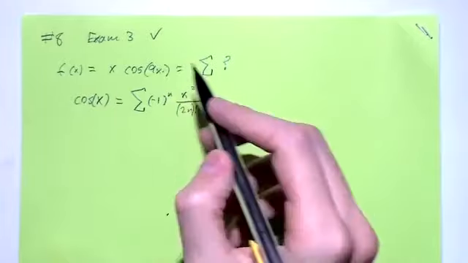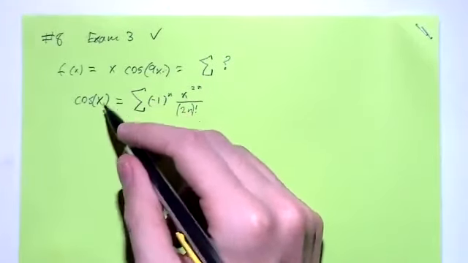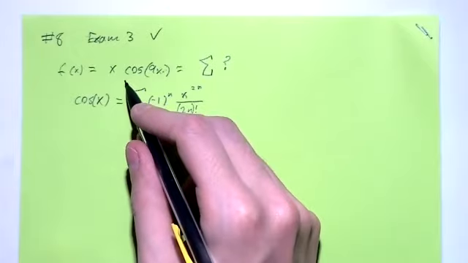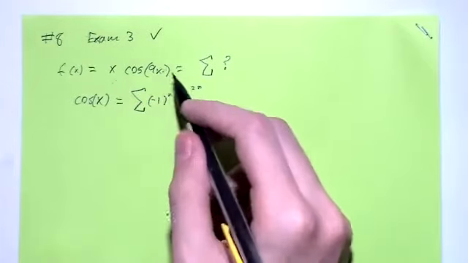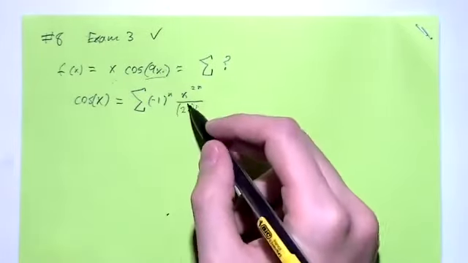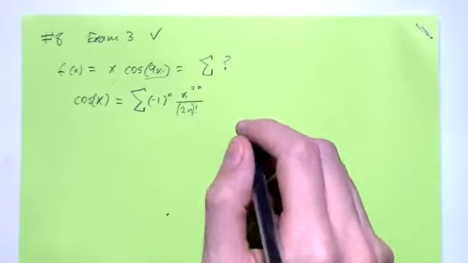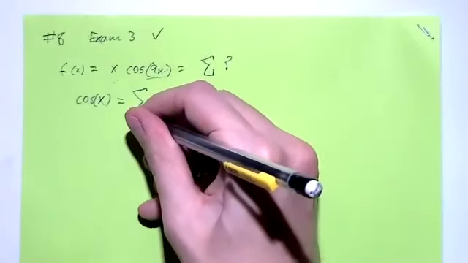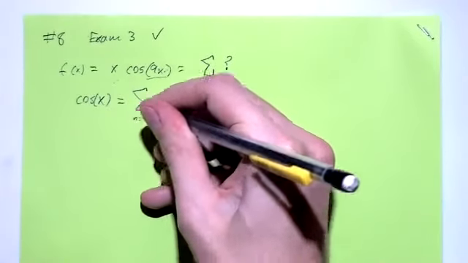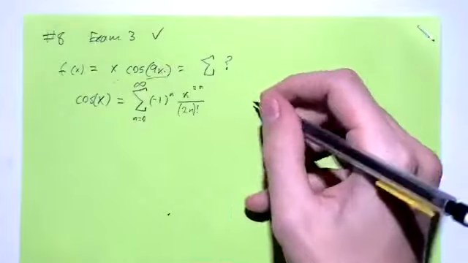So now what we do is we say, okay, well, this is cosine, but multiplied by x, and all of our x's originally in here are substituted with 9x. So using that, we can quickly say this would be from 0 to infinity, right? Yeah.